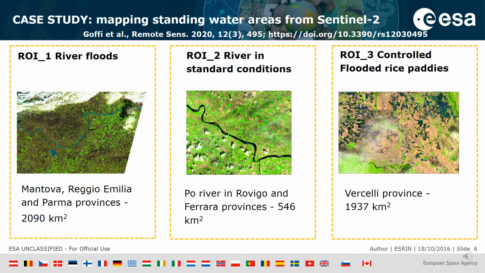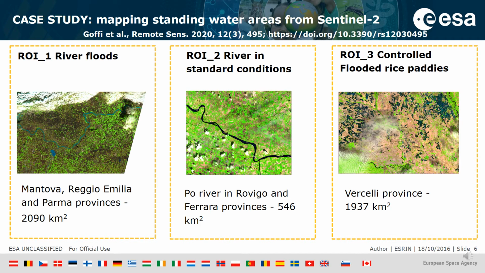Now I'm going to present a case study that we have recently published in the paper cited here, about the mapping of standing water areas from Sentinel-2 data. We consider 3 areas in northern Italy characterized by different environmental conditions.